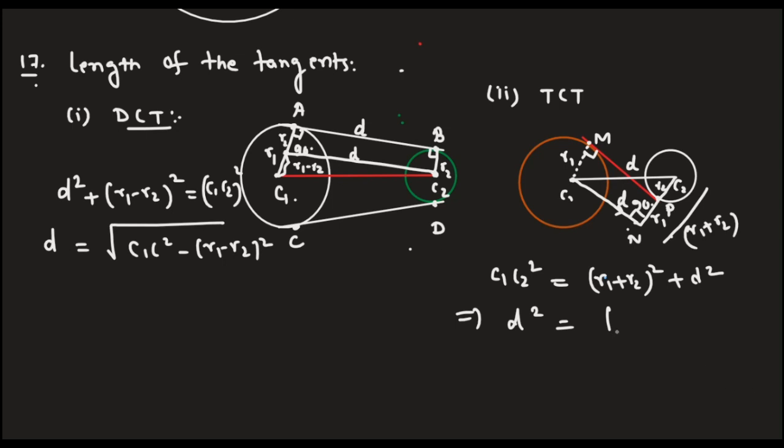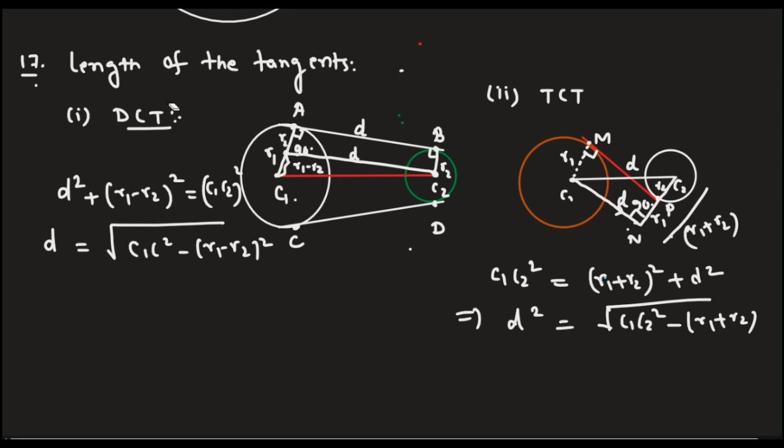So here you have this value: C1C2 whole square minus (R1 plus R2) whole square. Here also we have to remove this square sign. So this is the direct common tangent and this is the TCT, transverse common tangent length.